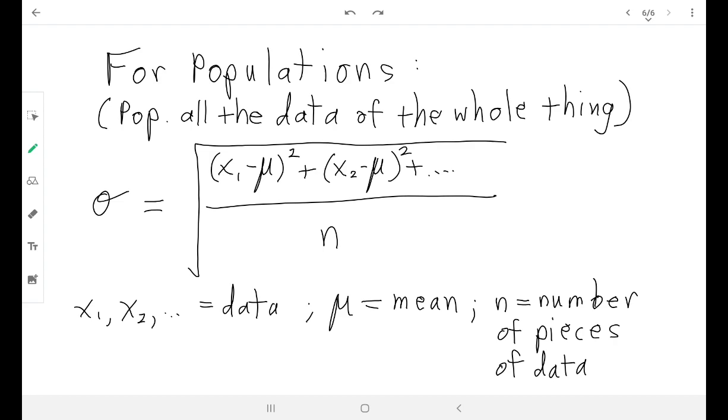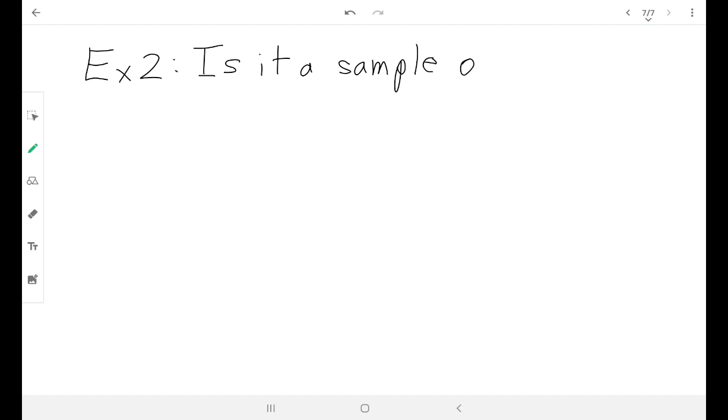So this then brings us to, how do you find this? How do you discuss this even? So this will be our second example. A couple of things we want to know here. Is it a sample or population?